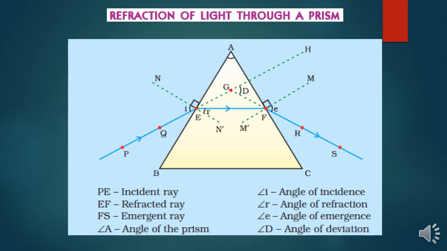That angle of deviation gives you the value of how much the incident ray got refracted. So it's very simple. You need to draw this diagram, label it properly, and understand all these terms by heart.